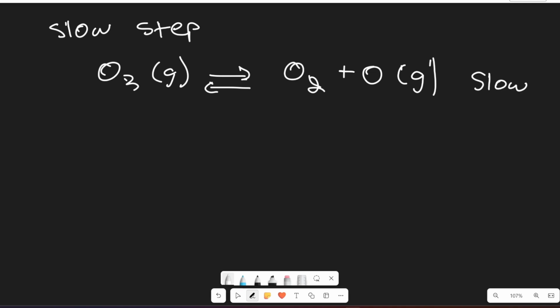So from here we can write a rate constant. We can say that our rate is equal to k times the concentration of O3.